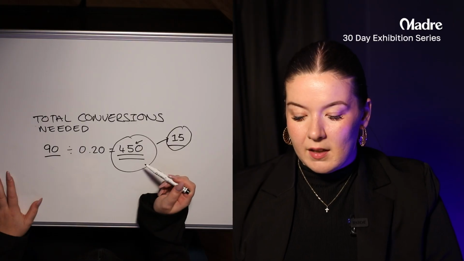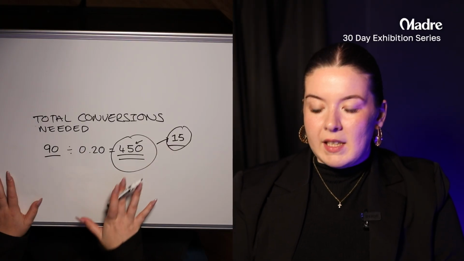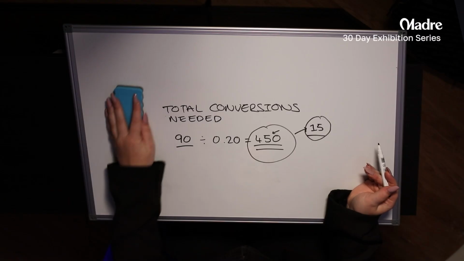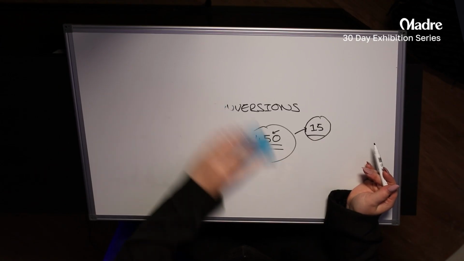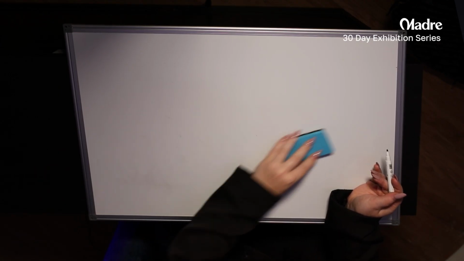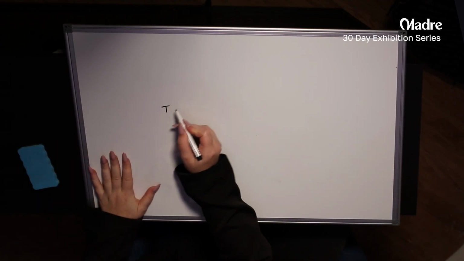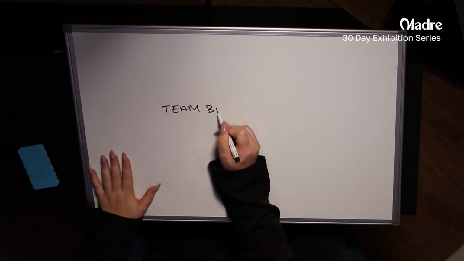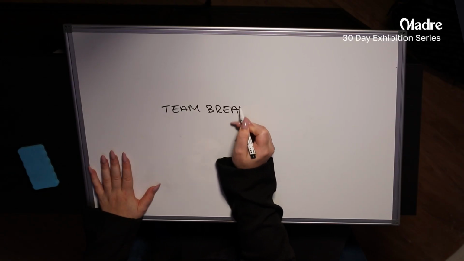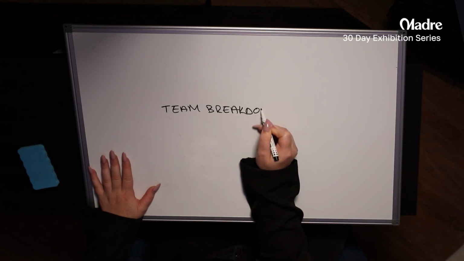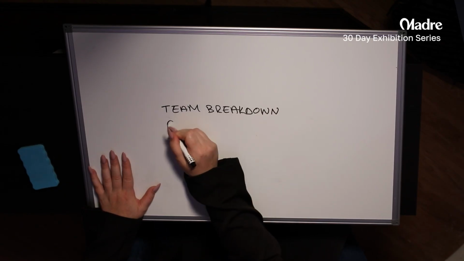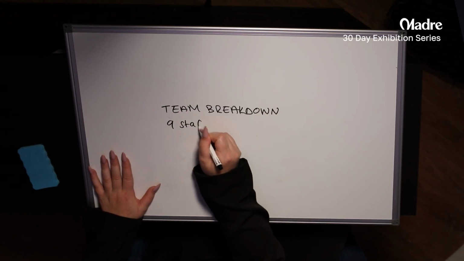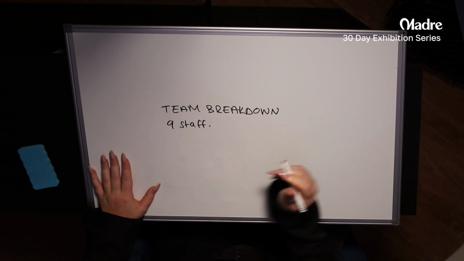So that this number doesn't overwhelm, the important thing that you'd want to do is a team breakdown. When it comes to the ADAS guys, they have 9 people at the stand. What you're going to want to do when you are breaking down the team is give them their individual numbers so that it doesn't seem as overwhelming.